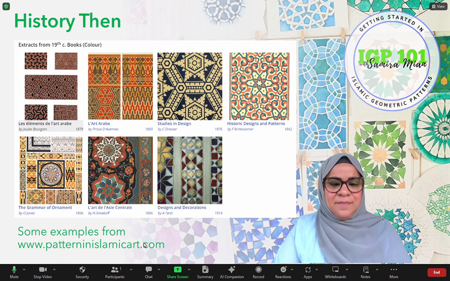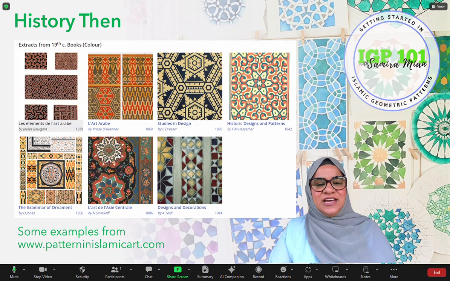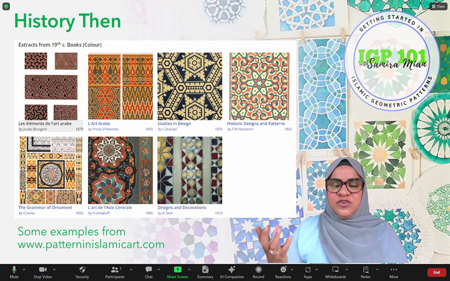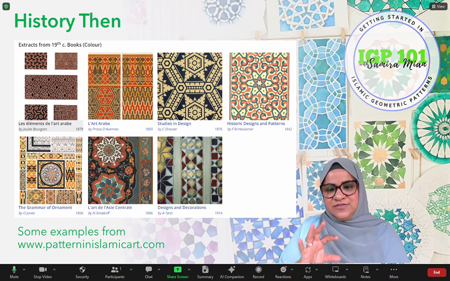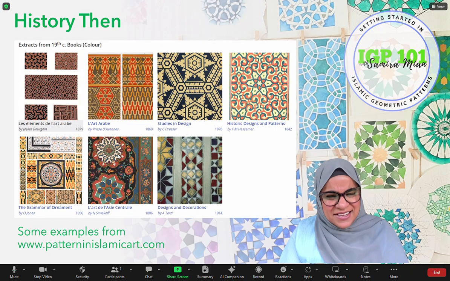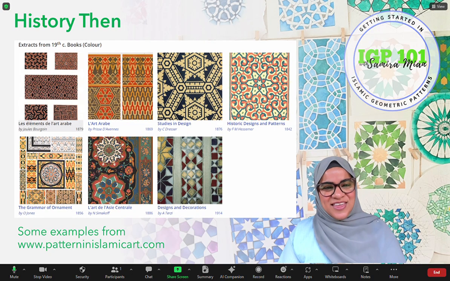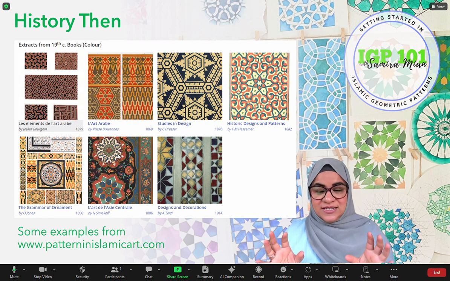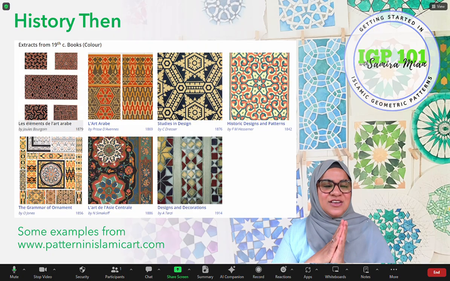So on the website Pattern in Islamic Art, not only do you have all of these publications from the past, you also have David Wade's own photography collection of all these different places, dating back from the 1960s till I guess now. So this idea that these patterns have been recorded is such a gift for us.